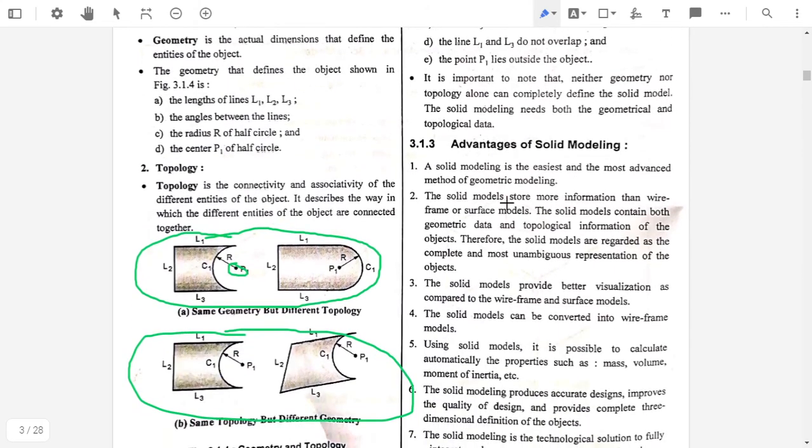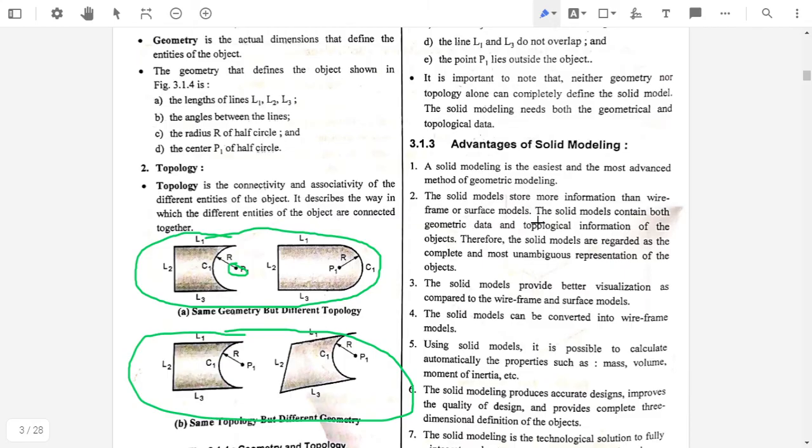The next one is that a solid model stores more information than the wireframe model and the surface model. If we compare wireframe, surface modeling and solid modeling, solid modeling contains more information about the object than the other two.